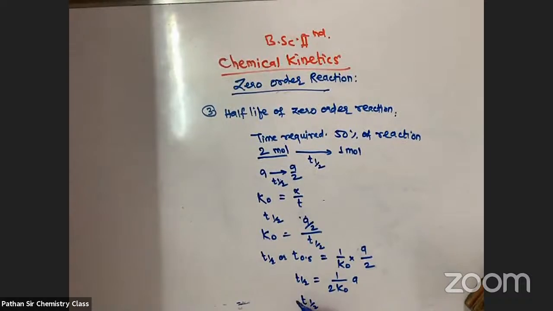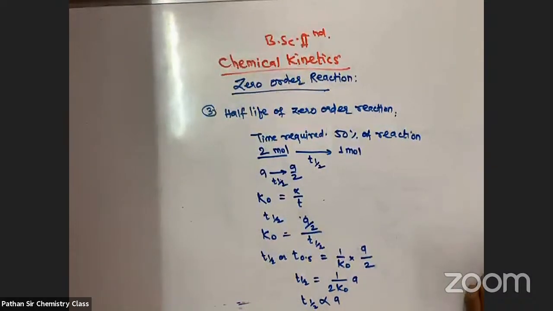So T half is proportional to A. That means the half-life of the zero order reaction is directly proportional to the initial concentration A of the zero order reaction.